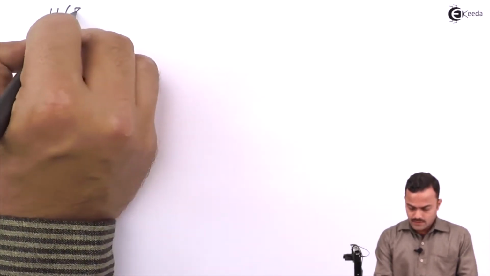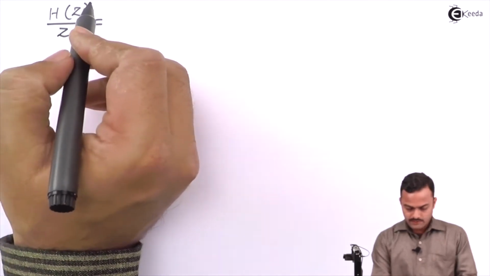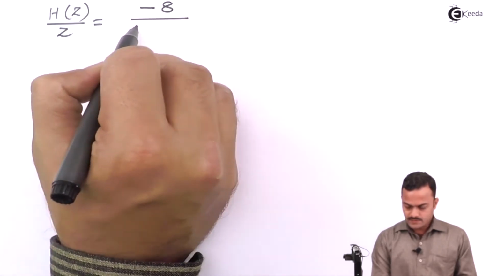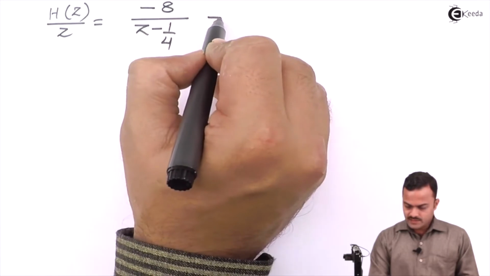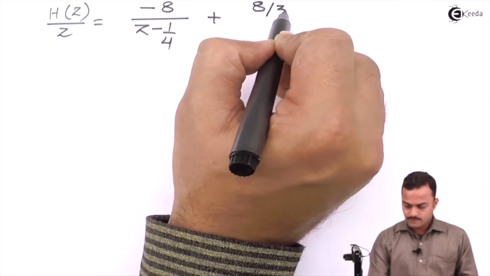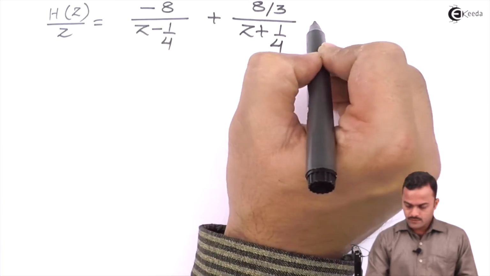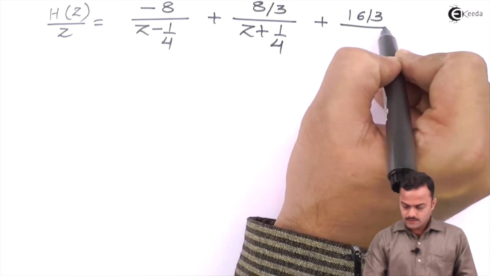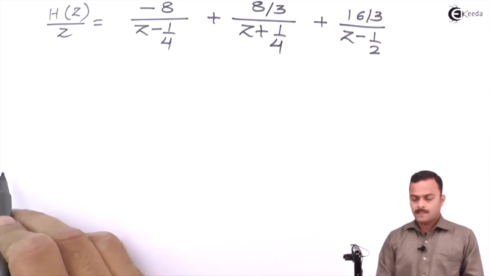So what we will get here, H of z by z is nothing but a we get as minus 8, so it's minus 8 upon z minus 1 by 4, b we get as 8 by 3 upon z plus 1 by 4, and c we obtain as 16 by 3 upon z minus 1 by 2.